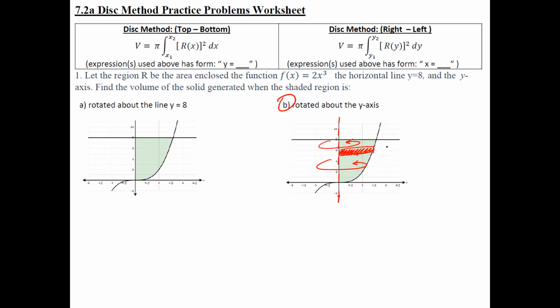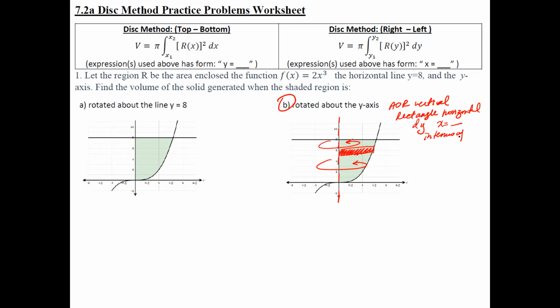Okay, so then if you think about this right here, the axis of revolution is going to be vertical and it is on the y-axis, then you know that your rectangle is going to be a horizontal shape, and you're looking at the perspective of dy with x solved in everything in terms of y.